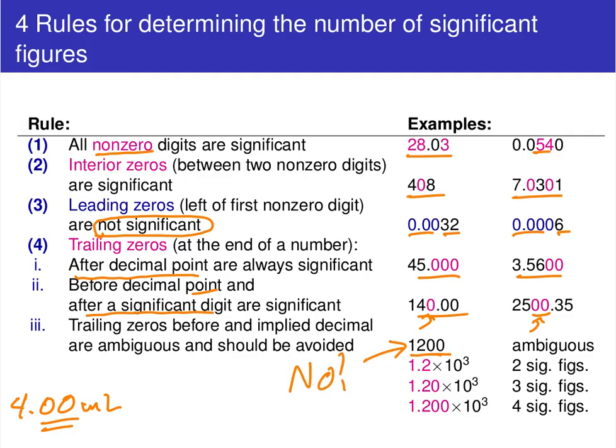This is a no-no. What you should do instead is write the number in scientific notation, and scientific notation naturally draws out which values are significant. Whatever numbers show up before the power of 10 are all significant. So here's another nice feature of scientific notation.